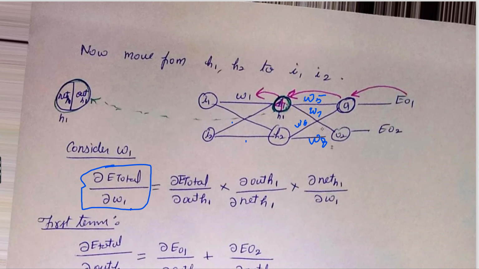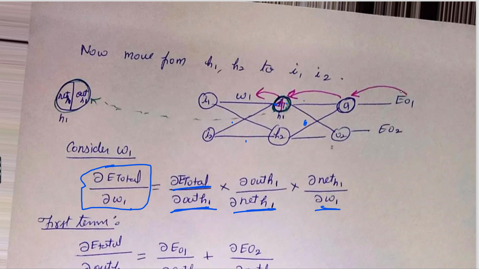What we will do, from this E total we will go to the output of H1, and from the output of H1 we will go to net H1, and from net H1 we will go to W1. This circle I have just enlarged.